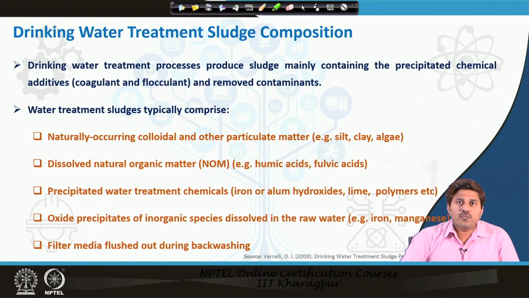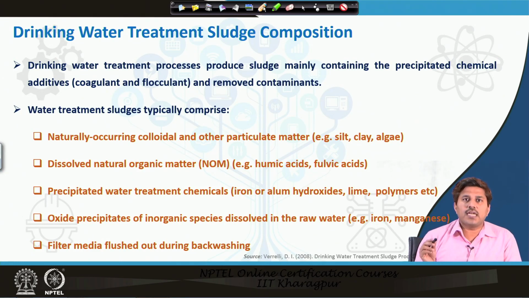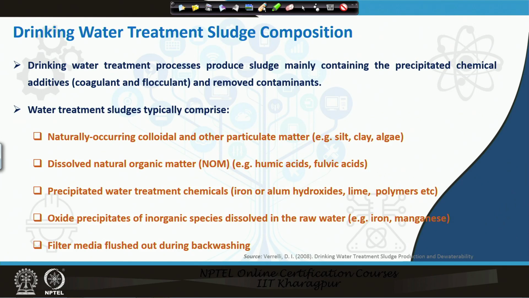The sludge which is produced, the composition varies on several factors. It varies on what type of sediments are present in the water, what type of chemicals we are adding. Essentially the composition of the sludge, and particularly the dry solids fraction of the sludge, will depend on what we are adding.